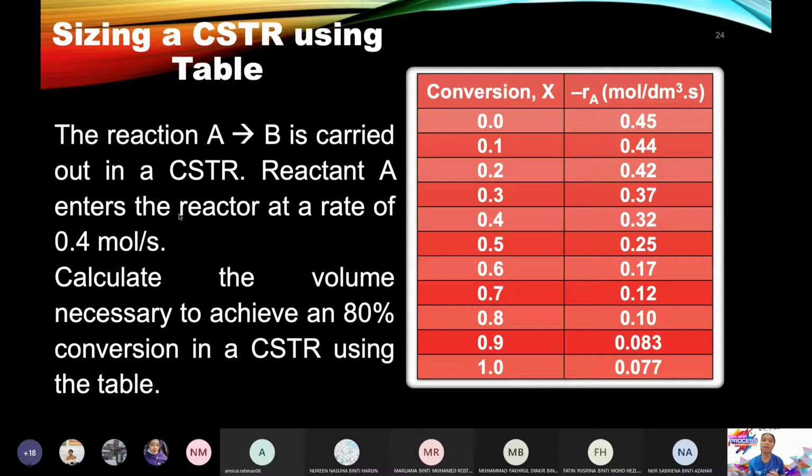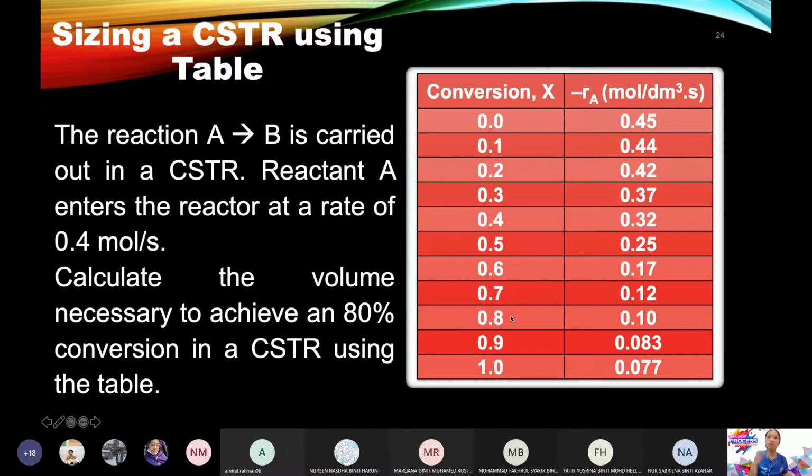Okay, so they say calculate the volume to achieve 80% conversion in a CSTR using the table. Okay, so information kamu ada, we know the initial molar flow rate. So kamu imagine sekarang, you have a CSTR, you set the molar flow rate 0.4 mole per second and reaktor kamu tu mesti capai conversion 80% or 0.8.